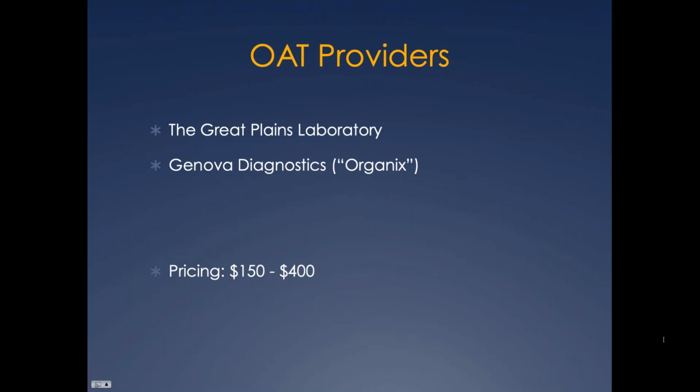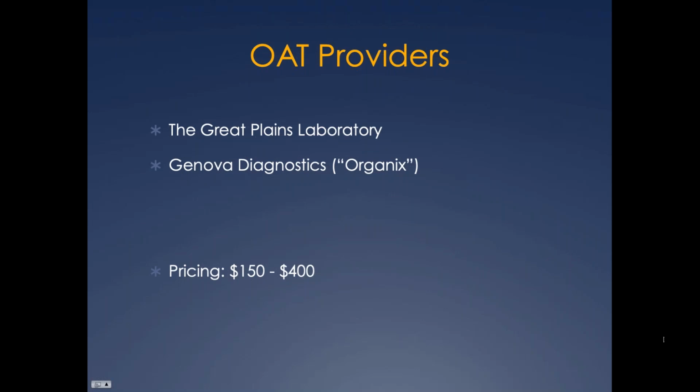The pricing, again, is going to be somewhat variable depending upon whether you have insurance that will cooperate in paying for this testing. Of course, there needs to be a medical necessity for ordering the test, unless you just want to order it and pay for it yourself out of pocket. That's also possible. At the upper end of the spectrum, you're looking at about $400 if it's exclusively on you, the patient, to pay for it.